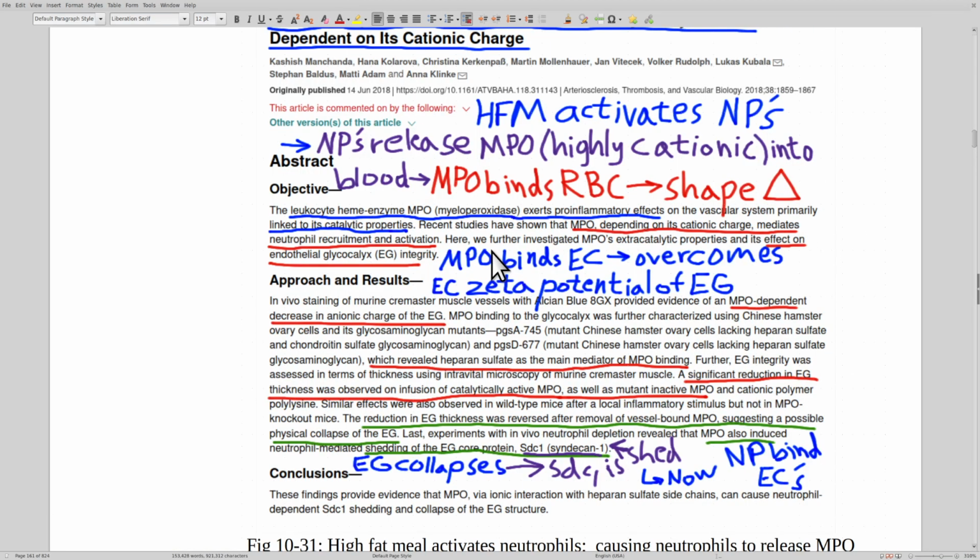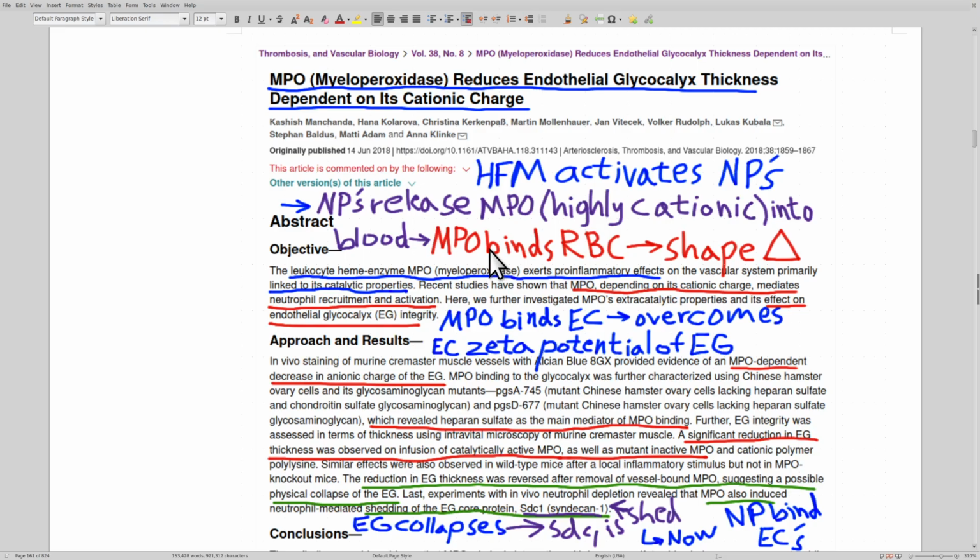I'll go just a little more. If you ingest a high-fat meal, you'll get the release of myeloperoxidase, that's abbreviated MPO, myeloperoxidase, peroxidase with the O, so that's MPO. So a high-fat meal activates neutrophils, then the neutrophils release MPO, which is highly cationic, meaning very positively charged, into the blood.